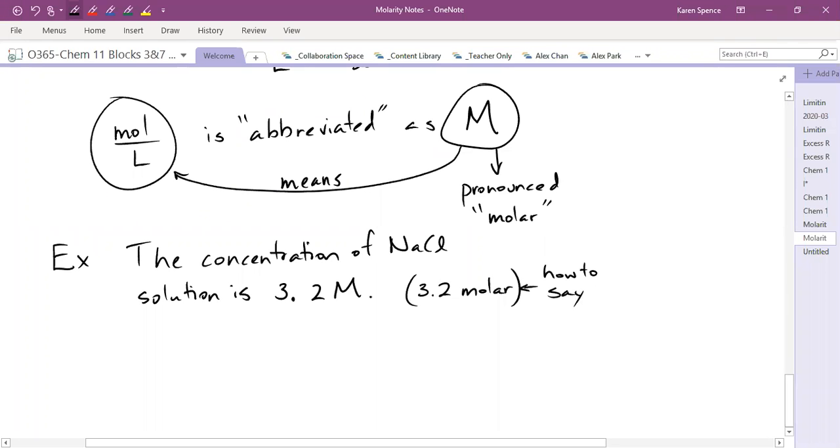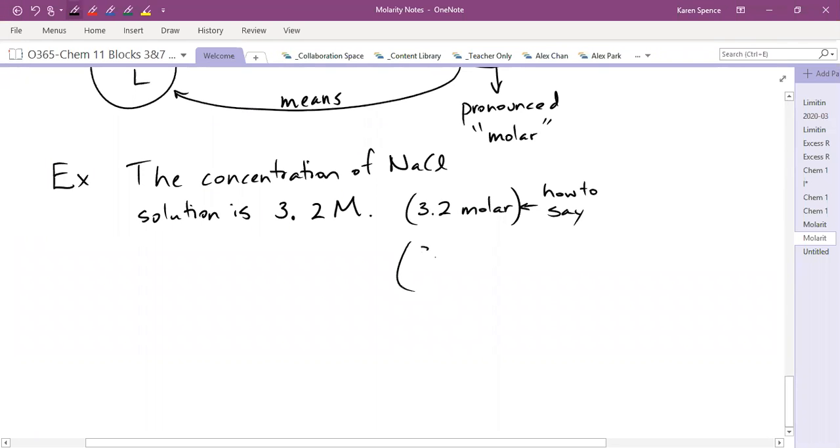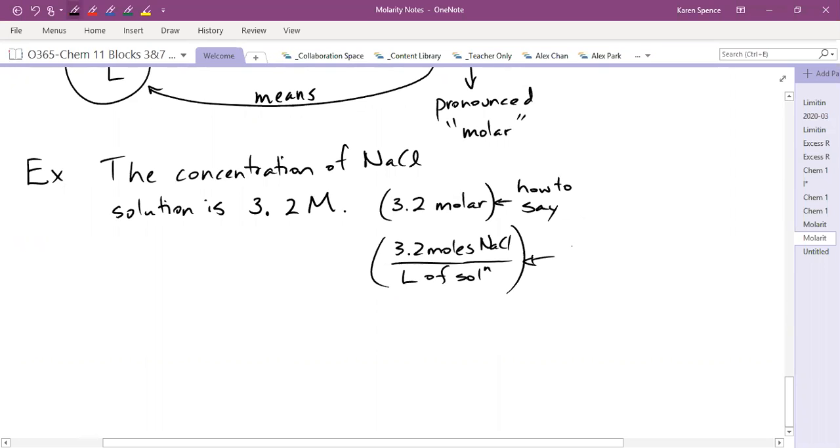What it really means is that we have 3.2 moles of sodium chloride per liter of solution. So if we write 3.2 capital M, we say 3.2 molar, and we mean 3.2 moles of NaCl per liter of solution.